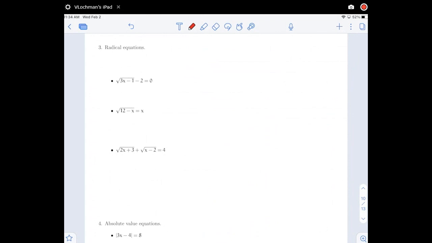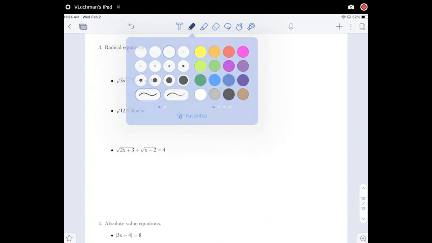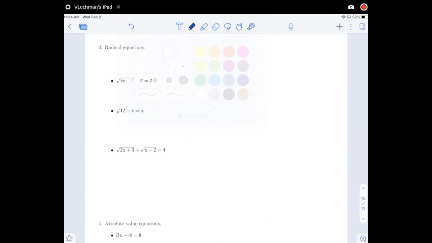I'm going to give you a couple of forms that you might get. You might get one radical equal to another radical, or you might get a radical plus a number equal to another radical. And there are other variations.